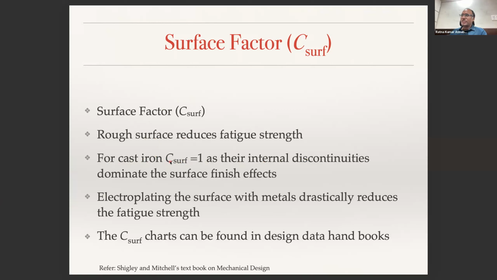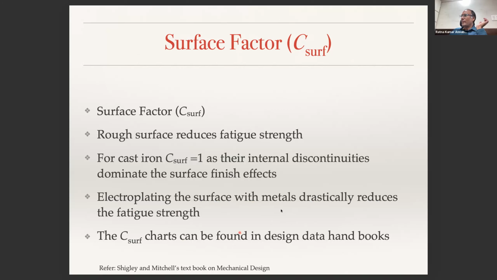And hence for cast iron, you don't need to give any surface factor, because the failure mostly happens due to internal pore structure. However, for steels, it is not like that. So if you are electroplating the surface with metals, it drastically reduces the fatigue strength.